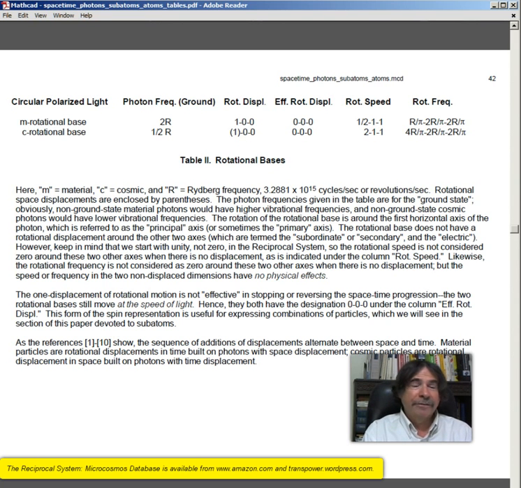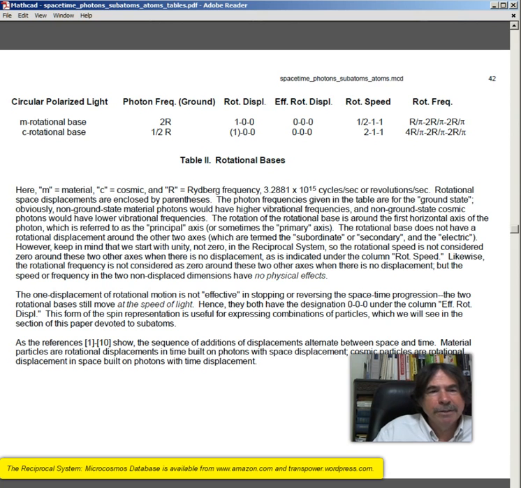And naturally, the effective rotational displacement is 0 for both particles. And then you can see the rotational speed and rotational frequency there, where r is the Rydberg frequency. Again, m equals material, c equals cosmic, r equals the Rydberg frequency, 3.2881 times 10 to the 15th cycles per second, or revolutions per second.